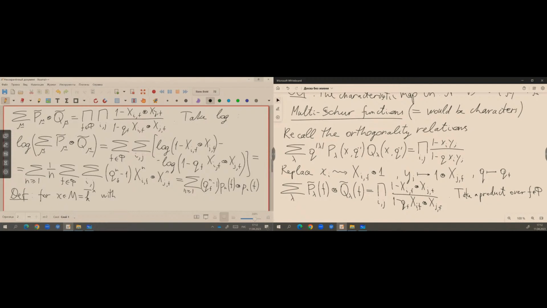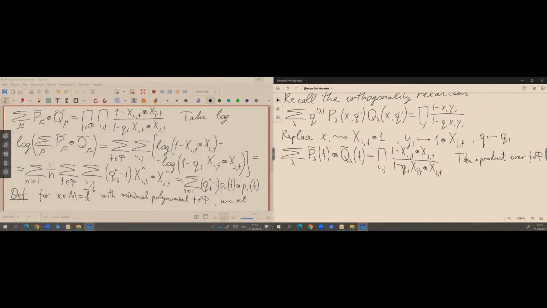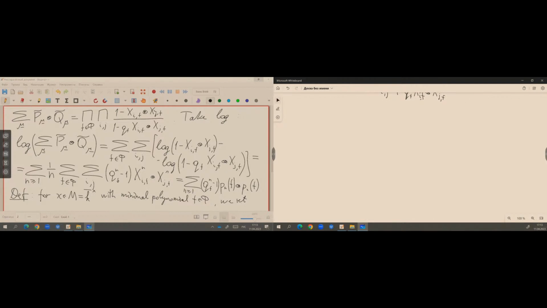So we take some element with minimal polynomial f, and we set p tilde n of x to be p_{n over d} of f if n is divisible by d, where d is the degree of f, and 0 otherwise, if it's not divisible.